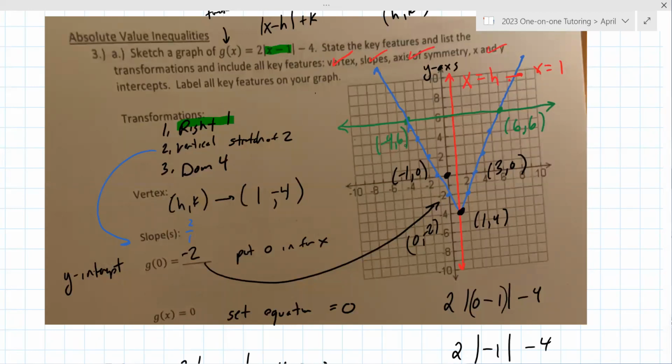Yep. And then the other side, the right side there. 6, 6.